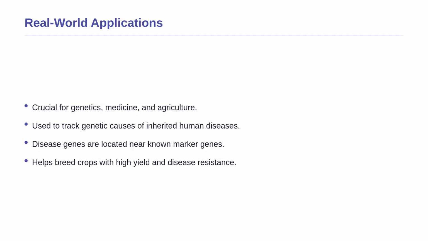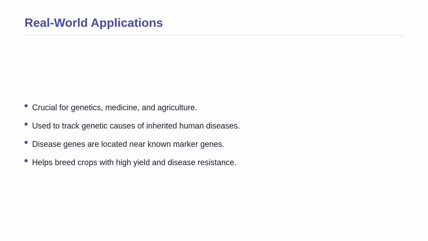Before we move on to the math, we must understand why this matters in the real world. Understanding how to create and read a linkage map is absolutely crucial in medicine and agriculture. Before modern DNA sequencing was invented, linkage maps were the only way scientists could figure out the architecture of a genome.